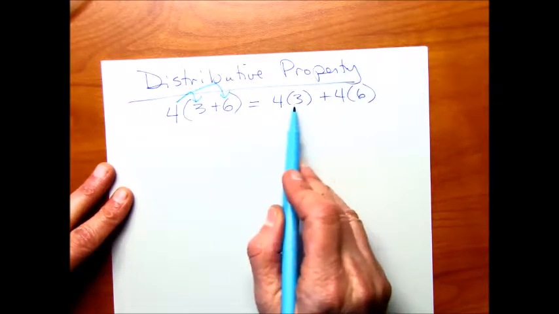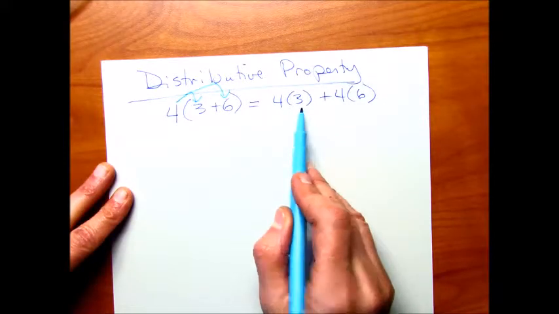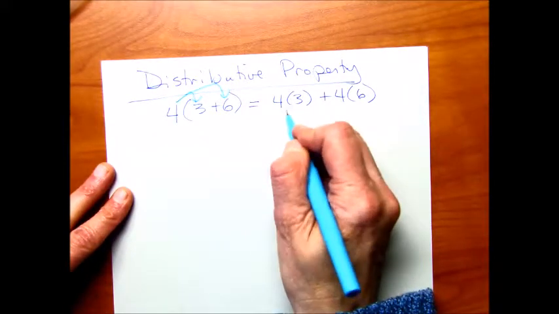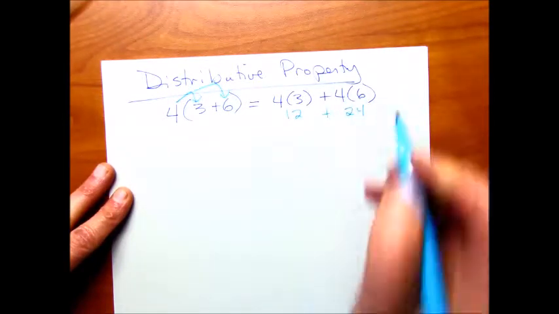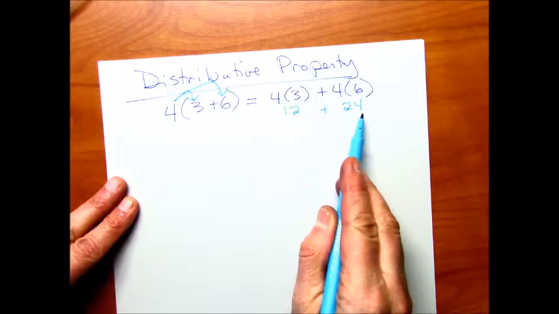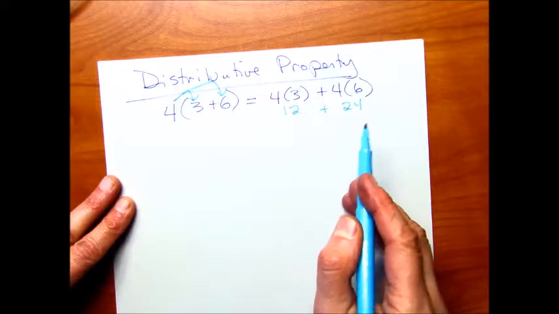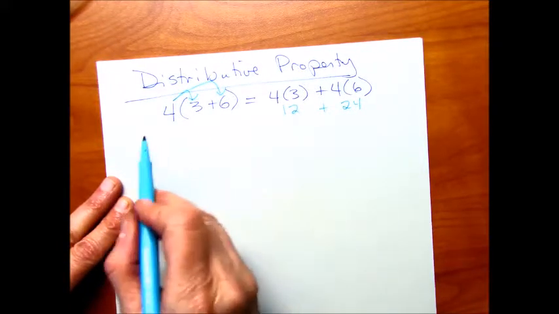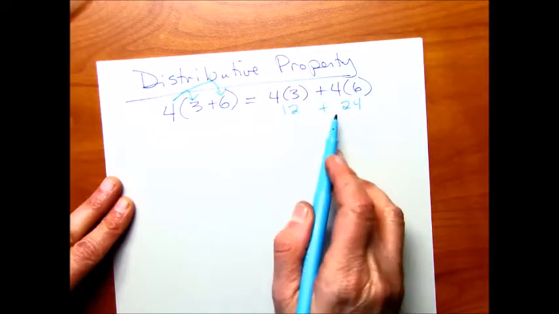It looks like we've got parentheses here, but really this is indicating multiplication. This is 4 times 3, which is 12. This is 4 times 6, which is 24. And so we've gotten to the point where we're no longer working with parentheses, and that's really handy when you're trying to simplify expressions. So just to show that this part is going to be equal to this part, I'll go ahead and finish this off.